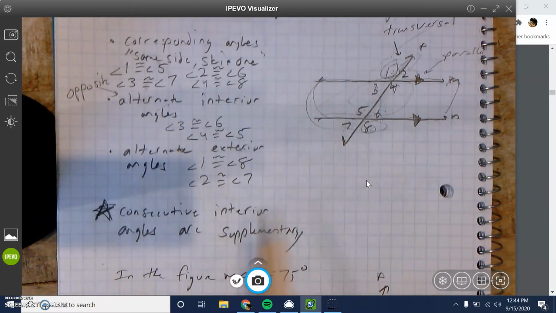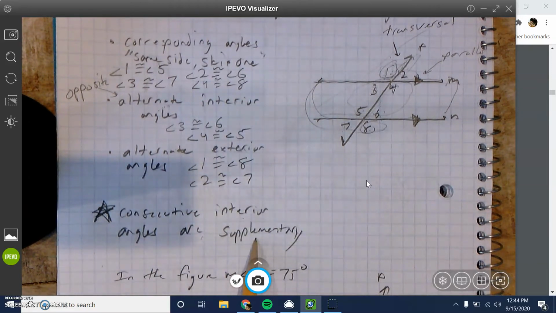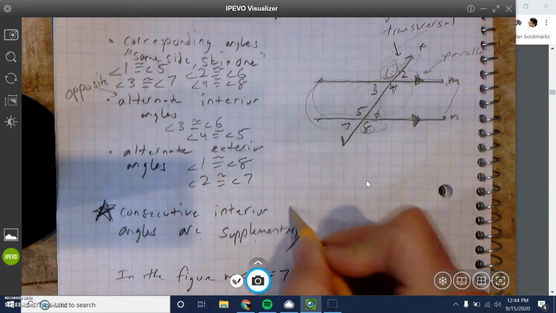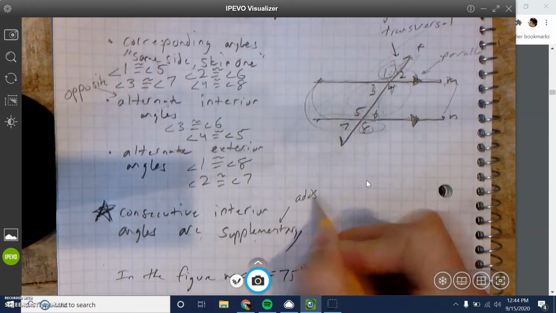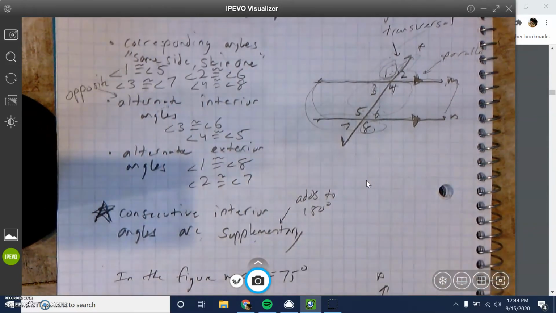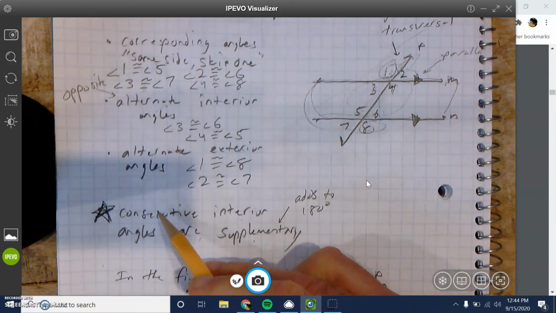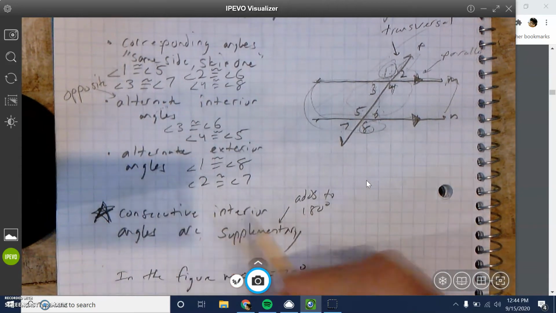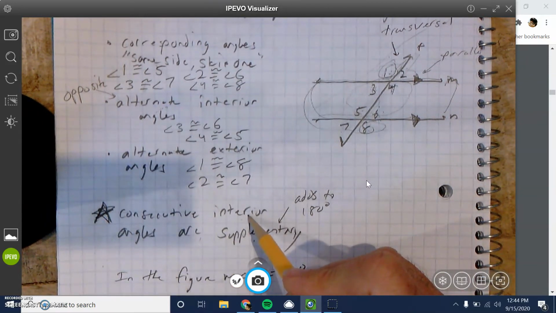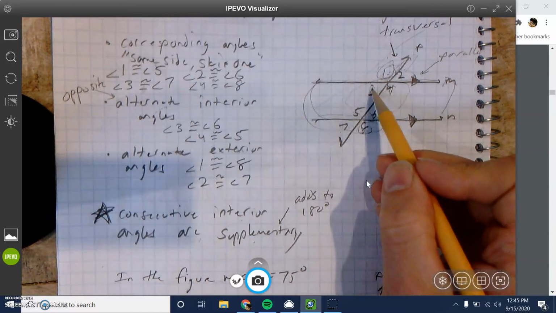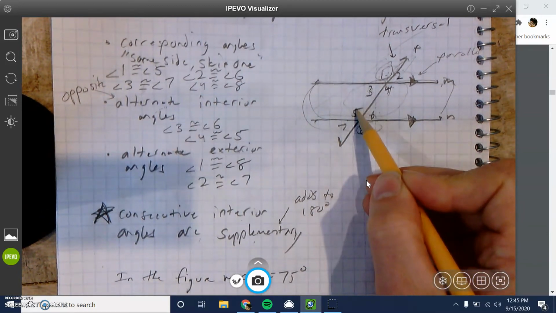Next, special thing, star, right here. We also have this other relationship that appears a lot. Consecutive interior angles are supplementary. Well, what does supplementary mean again? Yeah, adds to 180 degrees, like that. So consecutive means in a row and on the inside. So consecutive interior would be 3 and 5.